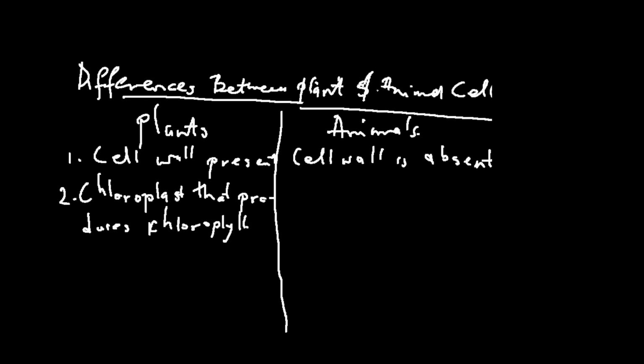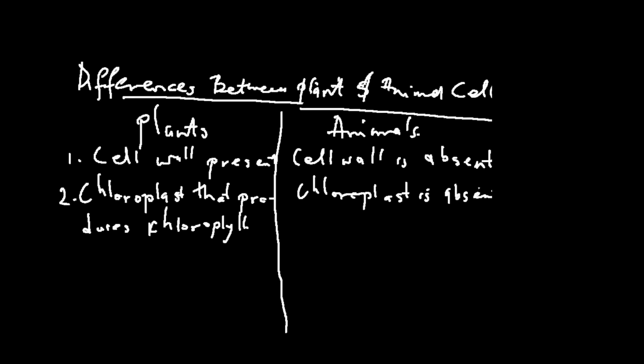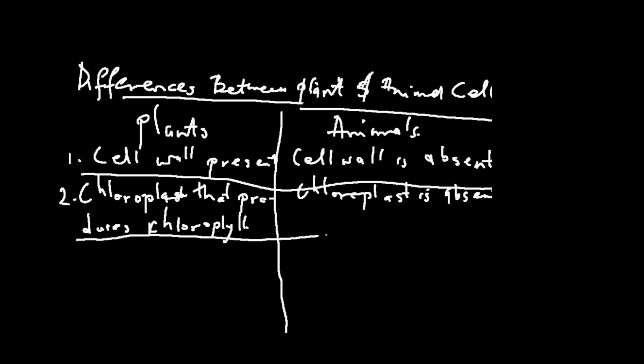Yes, plant cell has chloroplast that produces chlorophyll, but in animals, chloroplast is absent. Plant cell has chloroplast, but animal cell does not have chloroplast. So that is the answer to that particular question.